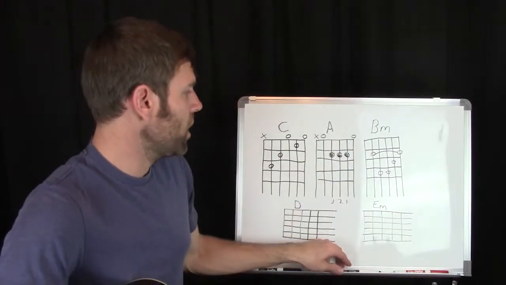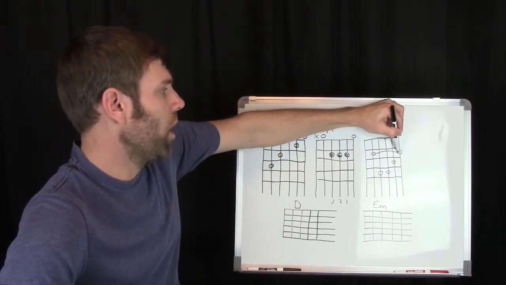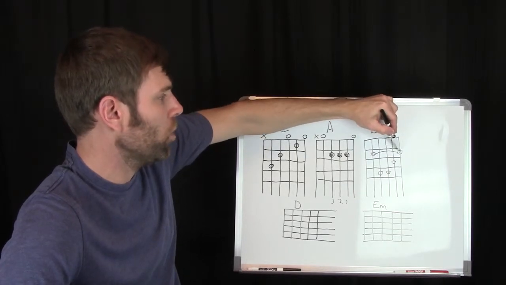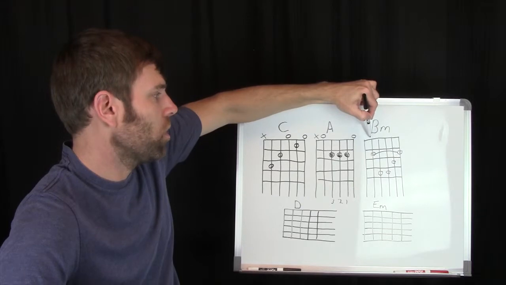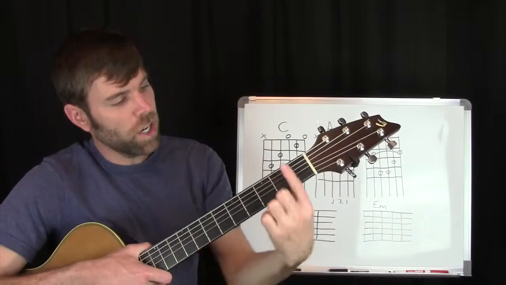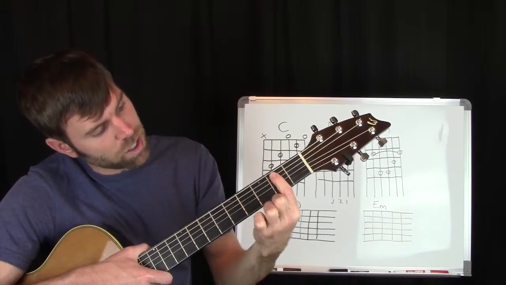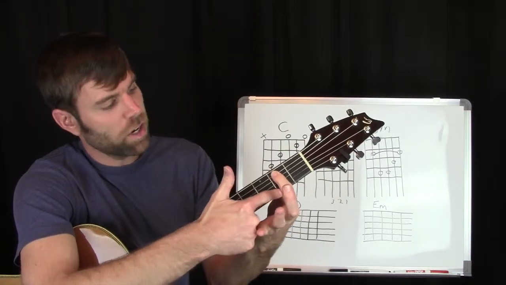So in this case, we would have a bar with a 1 here and a 1 here. Our 1st finger holds down the 5th string at the 2nd fret, and then we take it all the way across and press down the 1st string on the 2nd fret.